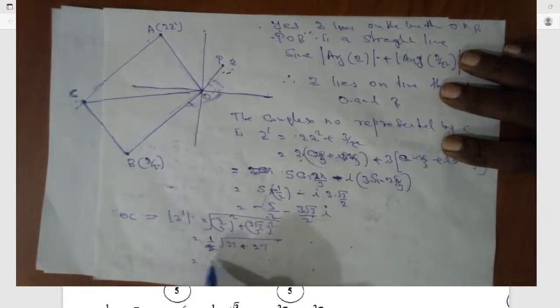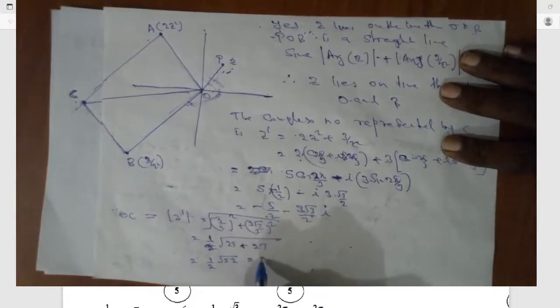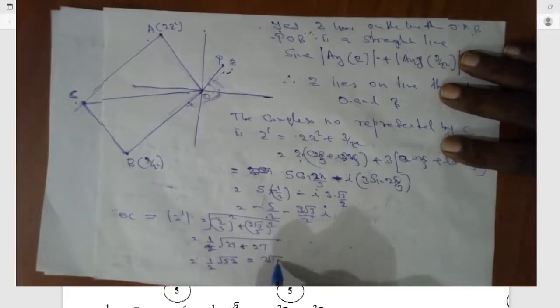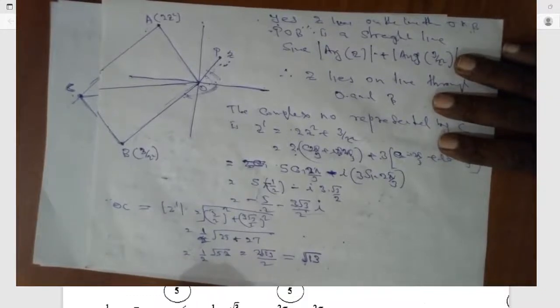So this equals half square root 52. This is 4 into 13, that is 2 root 13, so this equals root 13. Okay. Is it clear?